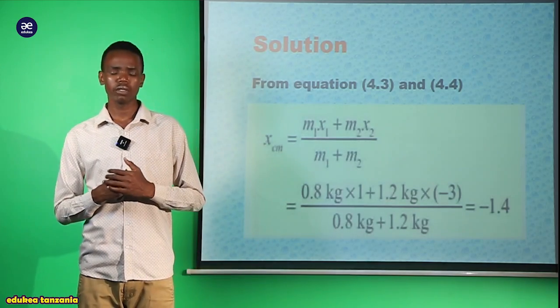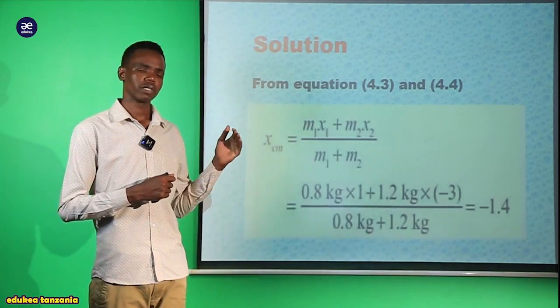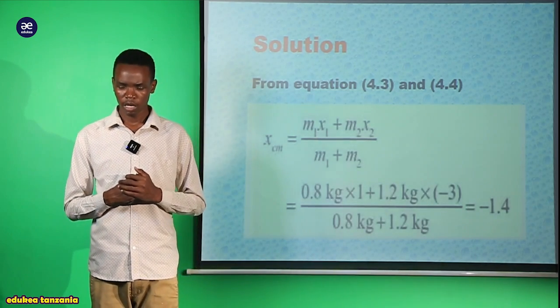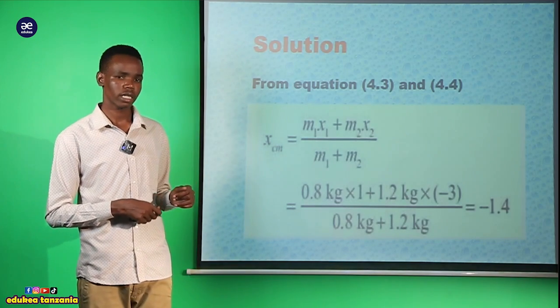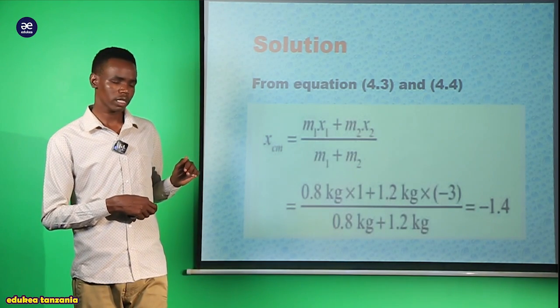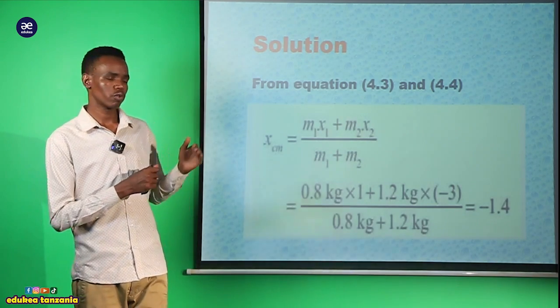So let us start along the x direction. Along the x, the coordinate of the center of the body along x must be equal to m1.